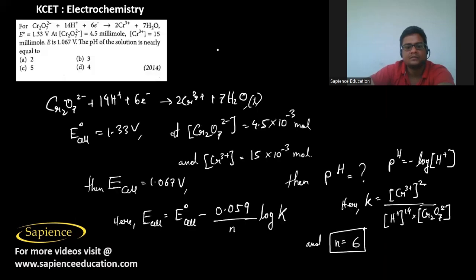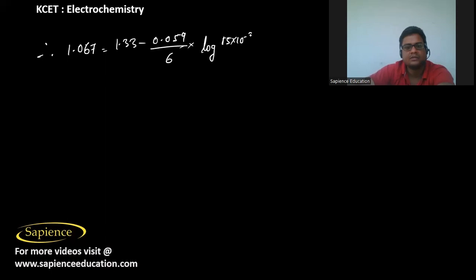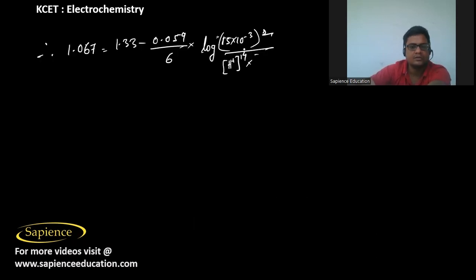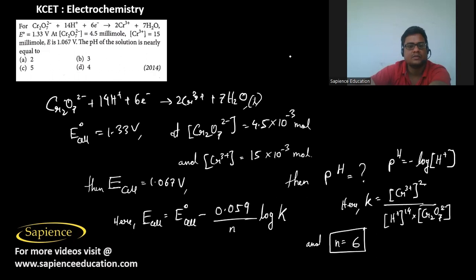So therefore we can say that E cell, that is 1.067, is equal to 1.33 minus 0.059 by 6 into log of the concentration of Cr3+, that is 15 into 10 power minus 3 whole square, divided by the concentration of H+ ion whole power 14 into the concentration of Cr2O7 2-, that is 4.5 into 10 power minus 3.